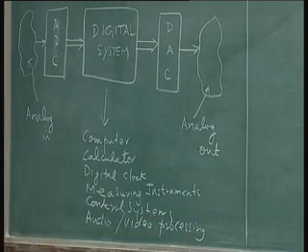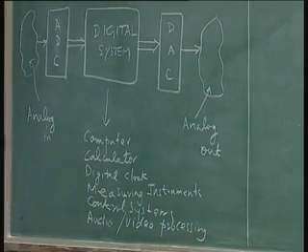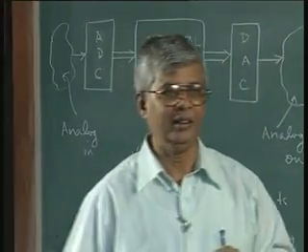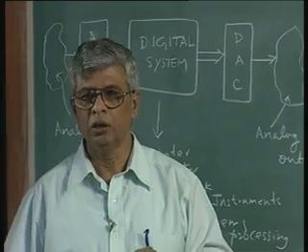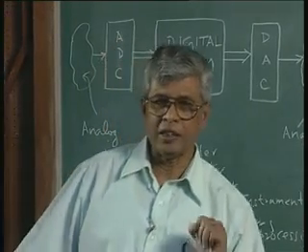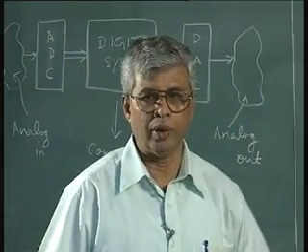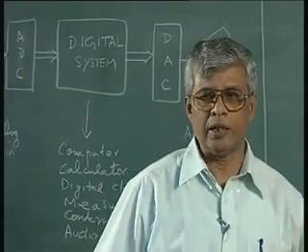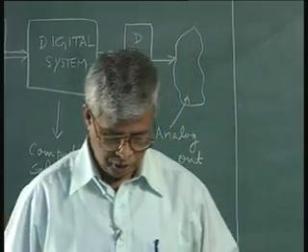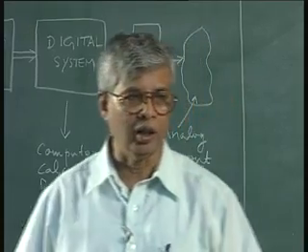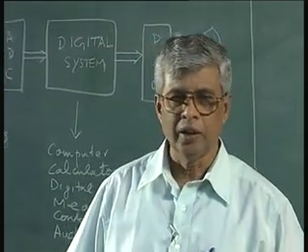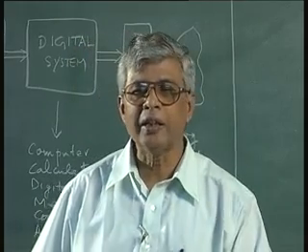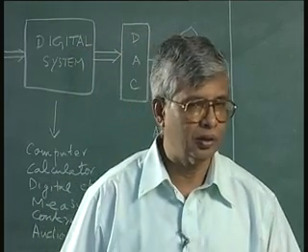So, it is alright that we wanted to push as much of this processing into the digital domain as possible, for the reasons of cost, reliability and ease of design. But how complex the system is going to be depends on the application. Obviously a computer, today's computer, we talk of Pentium, P3 or P4, all these different versions running at gigahertz clock speeds, the complexity of the circuitry inside is enormous.